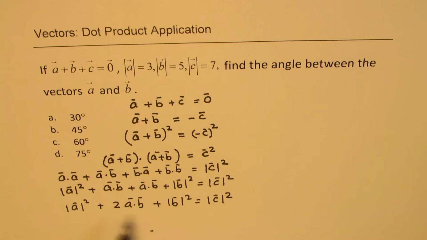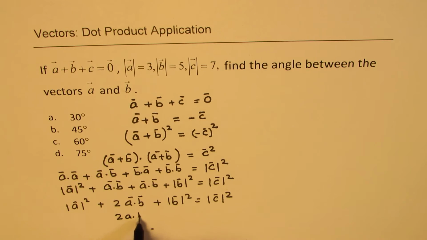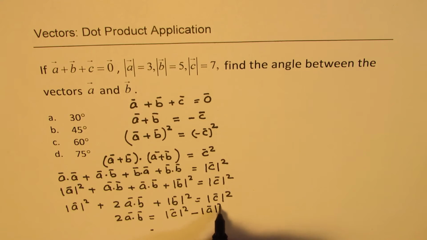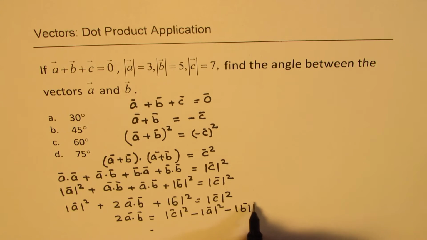So from here, we can isolate 2 times a dot b, which is now equal to the magnitude of c square minus the magnitude of a square minus the magnitude of b square. Let's take it on the right side and solve it further.